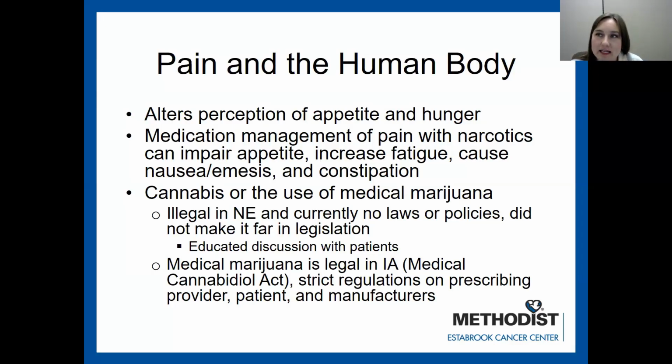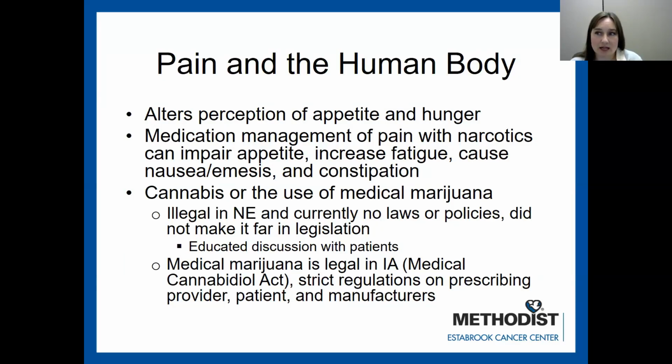Okay, so pain in the human body. Kim did a good job of touching on this too, and we're glad for Palliative to be on board when it comes to this, because pain, if you've ever had pain, it affects our perception of our appetite and of our hunger levels. It just sucks us of any energy we have.